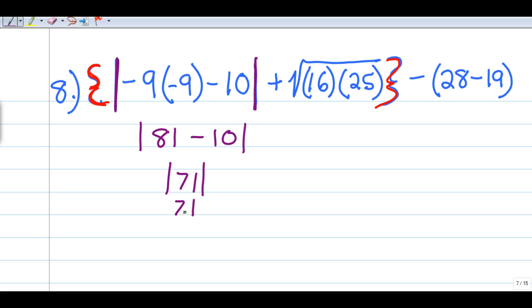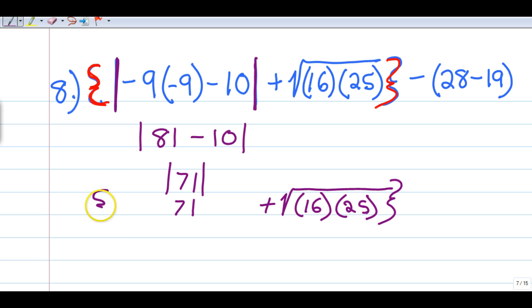So we'll now rewrite the number, eliminating the absolute value bars. We want to, at this time, bring down everything else so that we don't lose anything. So we had that square root of a 16 times a 25. Now remembering that these are still inside those braces, these numbers, with that minus 28 minus 19 out to the side.